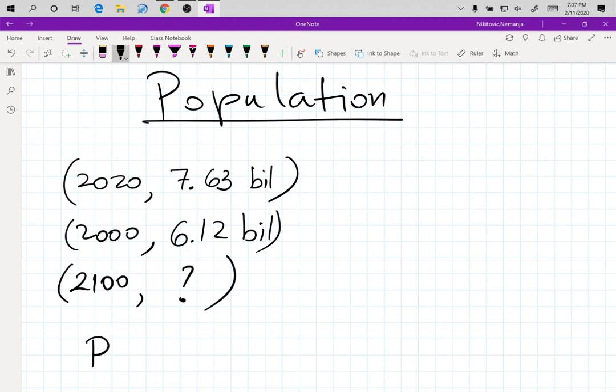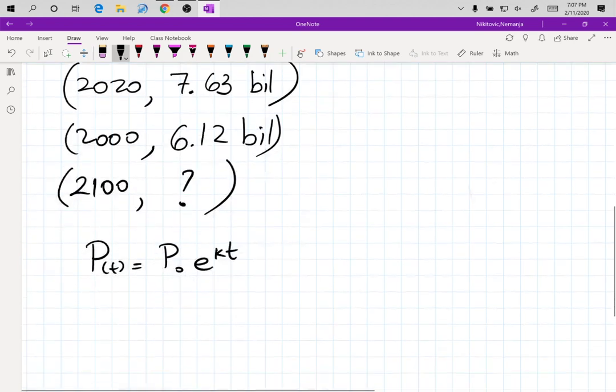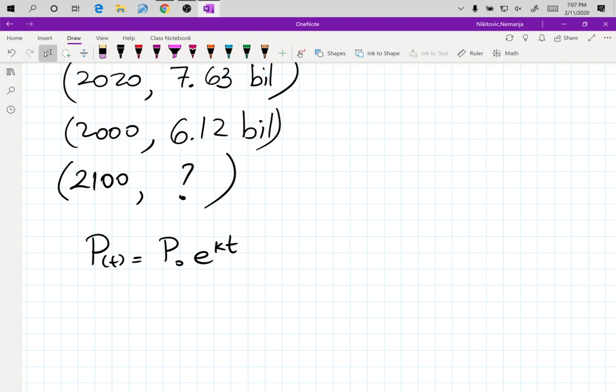Our population model, which is the formula we memorized all the way back in our pre-calculus life, is this one. Now, we do not want to shovel 2000s. So we scale it down and we make this one to be our t equals 0, which means this becomes 0, 6.12 as a data point.